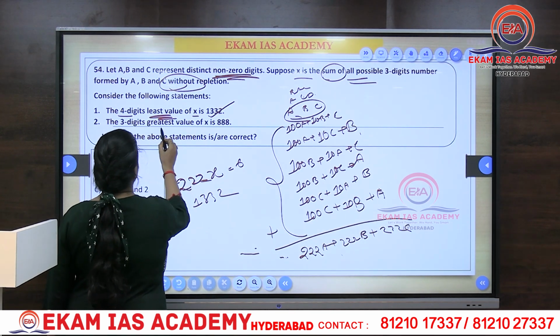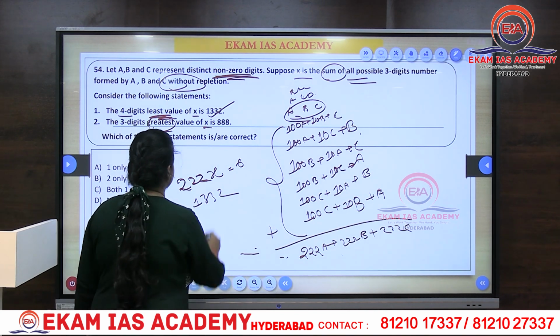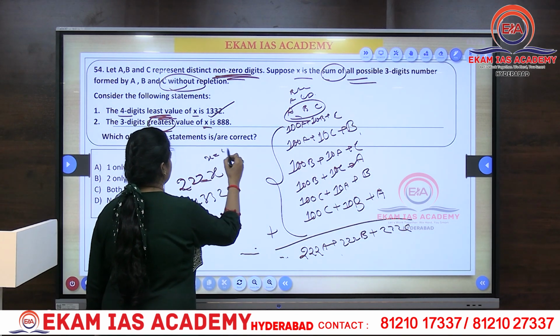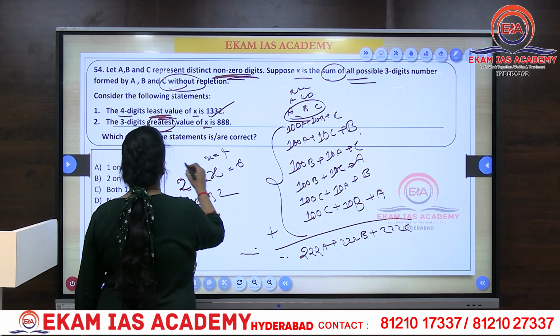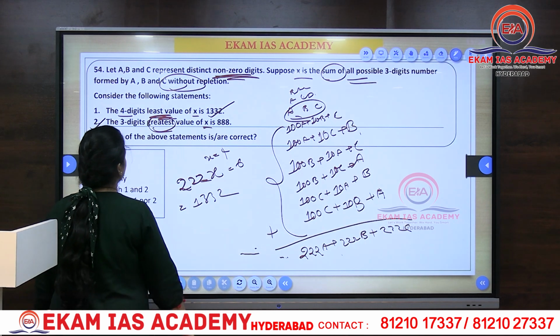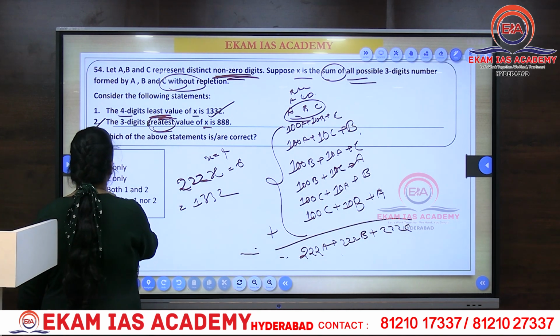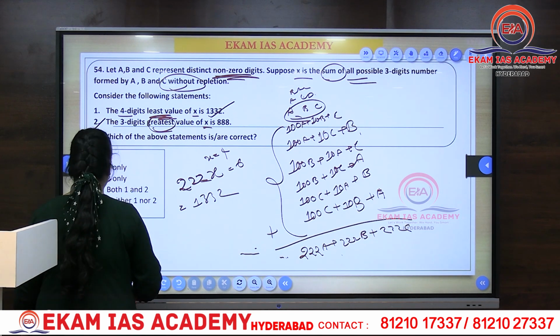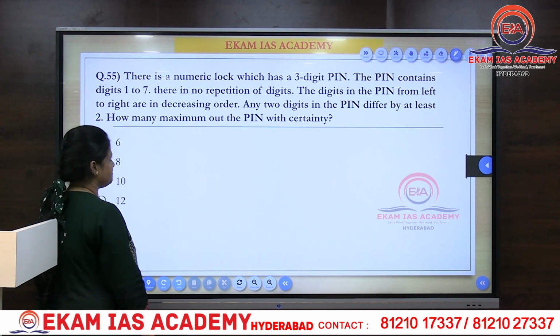And what is the greatest value of X? We'll get the greatest value of X when X is equal to 4. This is right. Okay, sorry. So both A and C. Moving on to the next question.